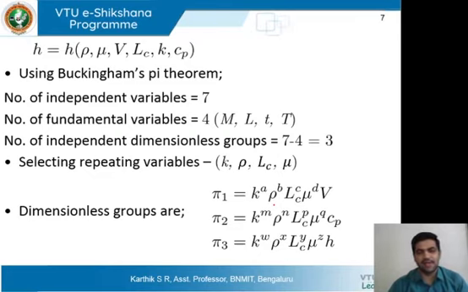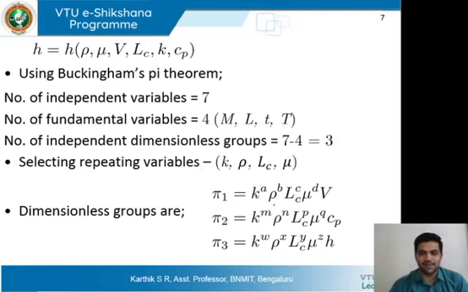To select these repeating variables, you know that one should be a kinematic property, one should be a dynamic property, one should be related to temperature, and one should be a geometric property. So let us select those. Conductivity will be related to temperature.